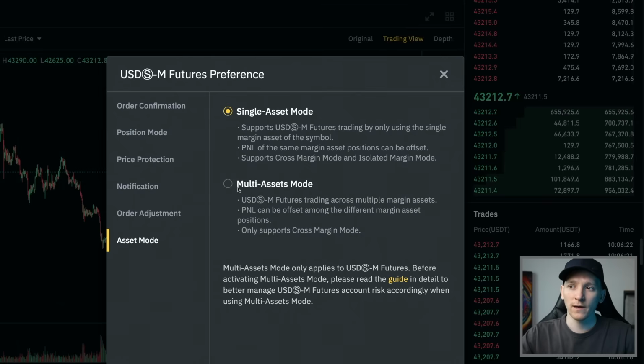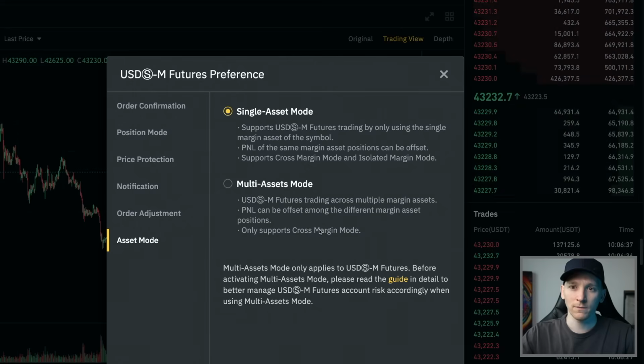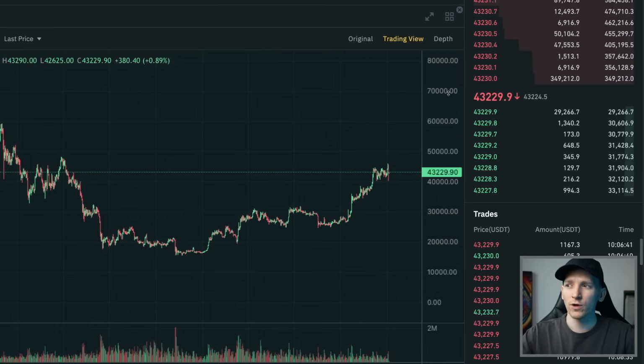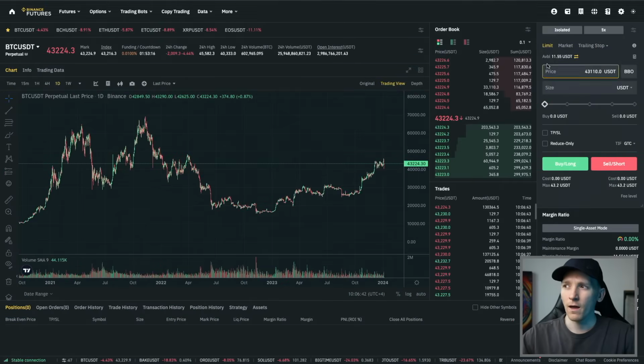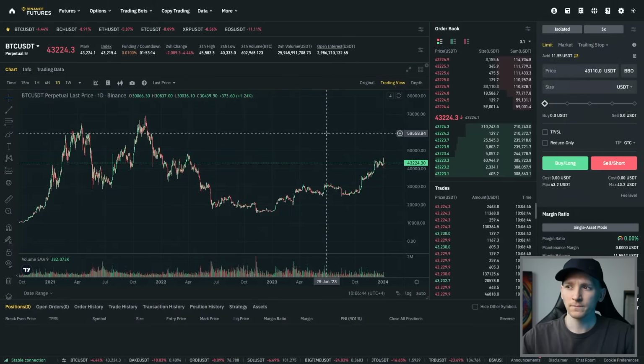Now, what's important here is that if you want to use this one, you have to go into cross margin mode. This is how you fund the different trades that you actually have. So if you want to use different types of assets to fund your trades, you have to use cross margin mode. If you're using a single asset, US dollar tether, you can use isolated margin mode. Up here, you can choose between them.